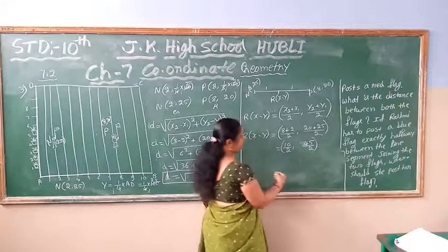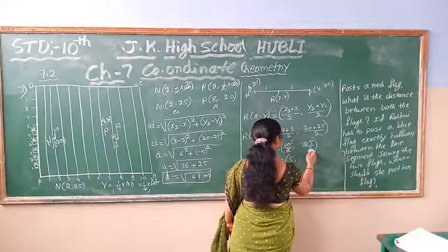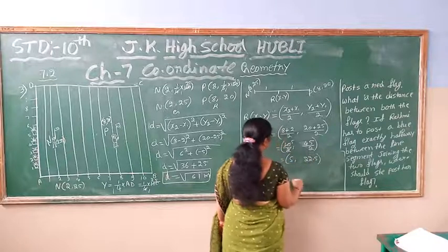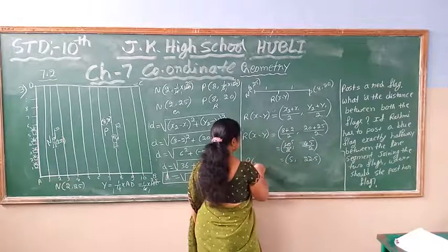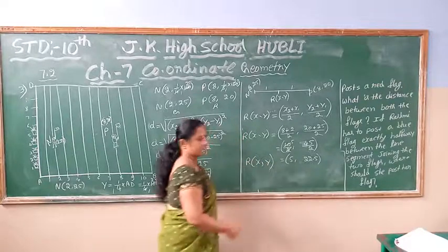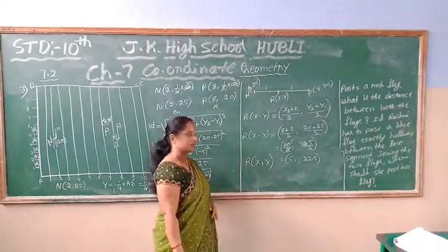Now divide: 2 ones are 2, 2 fives are 10, 2 twos are 4, 2 twos are 4, point, that is 22.5. Exactly, in which position can she post her blue flag? The coordinate of Rashmi's flag is (5, 22.5).